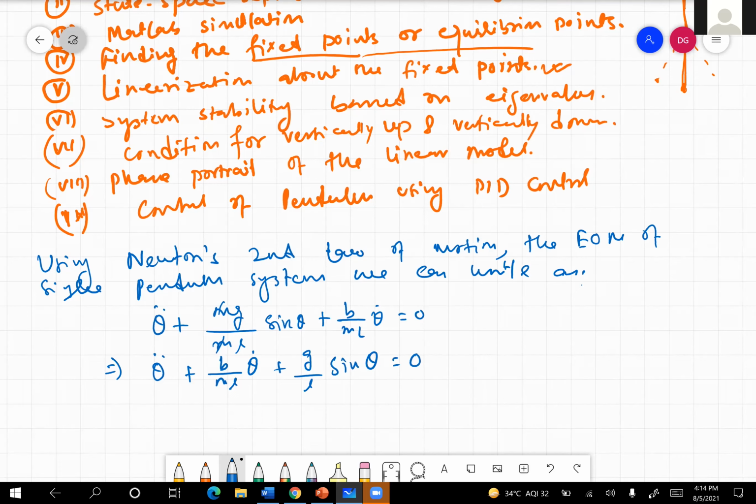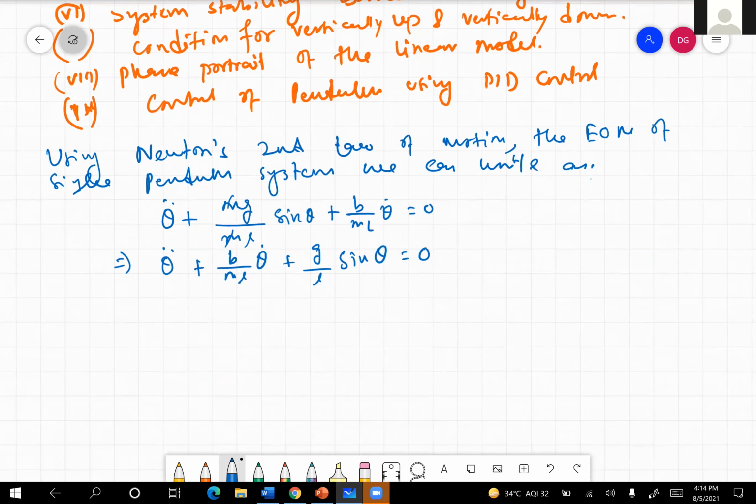If you have gone through the dynamics of the pendulum system, most of the time you have not noticed this term in practice. Most of the time you have noticed theta double dot plus g by l sin theta equal to 0. This is the very well-known equation.